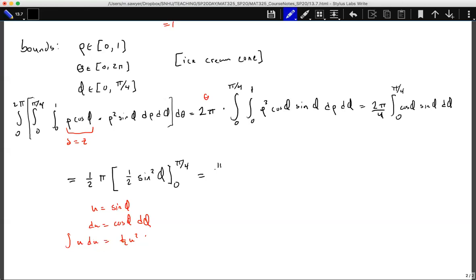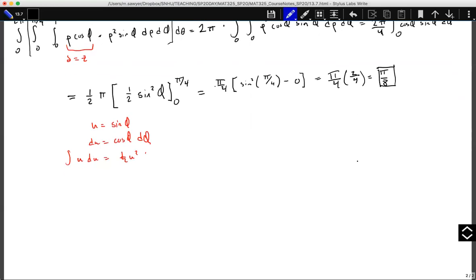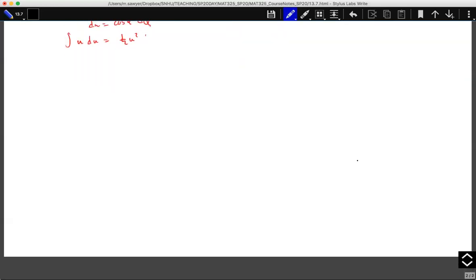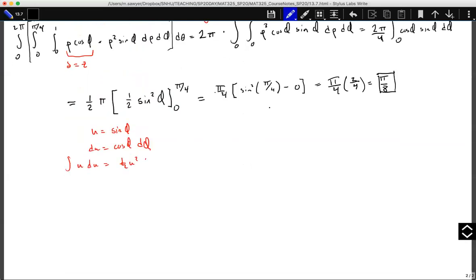So then we get pi over 4 times sine squared of pi over 4 minus sine squared of 0, which is 0. So sine of pi over 4 is square root of 2 over 2. So squared, that's 2 over 4. So we get pi over 8 as the value for this ice cream cone. So if you have any questions, as always, feel free to ask.